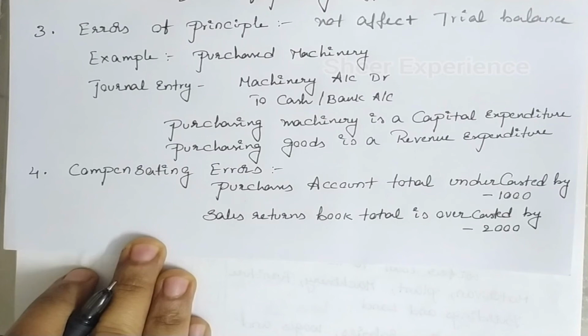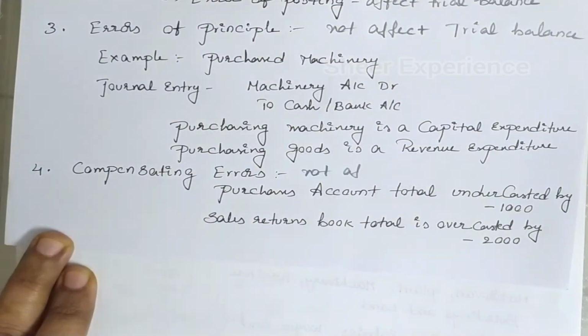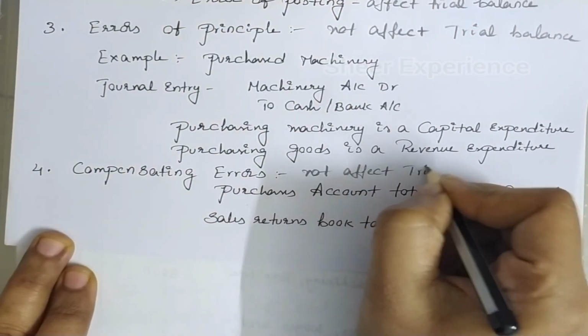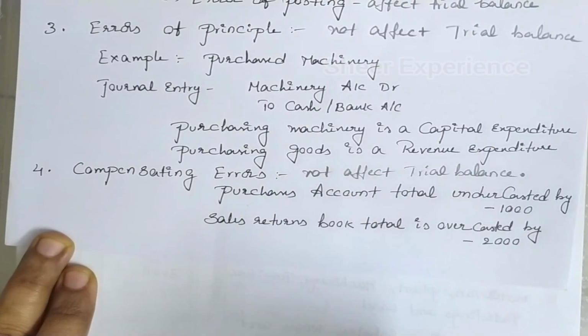Here one account balance is decreased by 1000, another account balance is increased by 1000. So the other account error is compensating with the first account. That is, the extra 1000 in the sales returns book balance is compensating with purchases account balance. This type of error is called compensating errors, and this type of error will not affect trial balance.